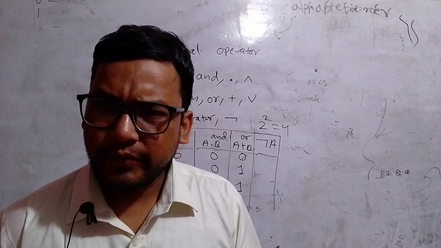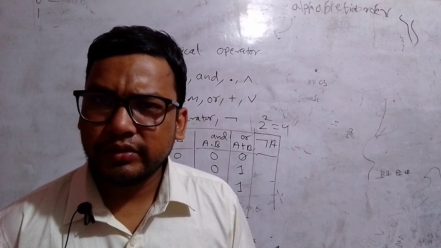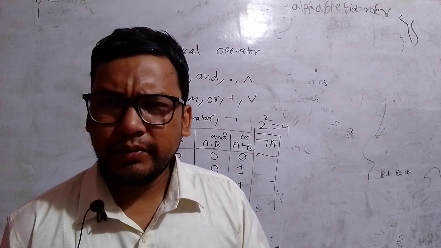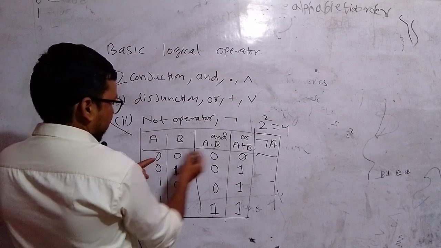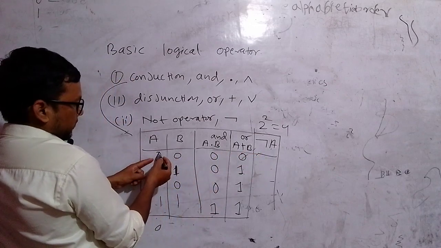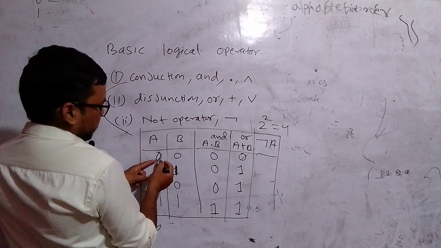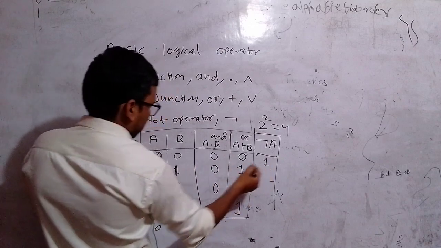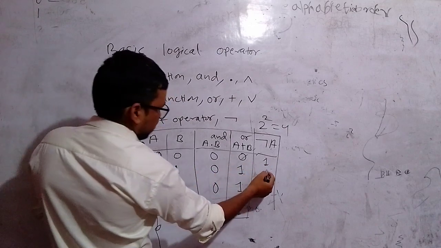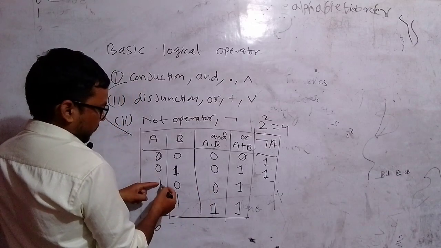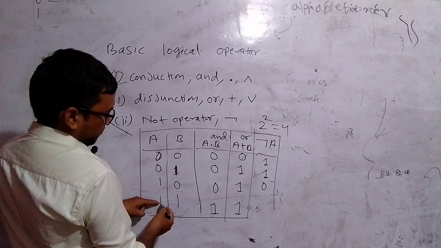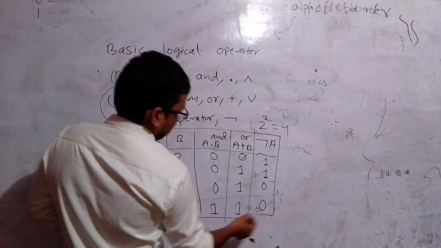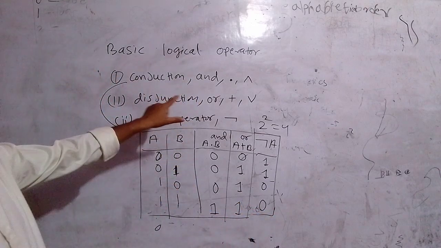Reverse means if input is 0, then it will produce output 1. If input is 1, then it produces output 0. That means if A has value 0, NOT A produces 1. If A has value 1, it produces 0. In this way, these are called the logical operators.